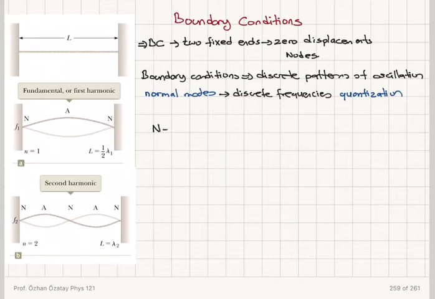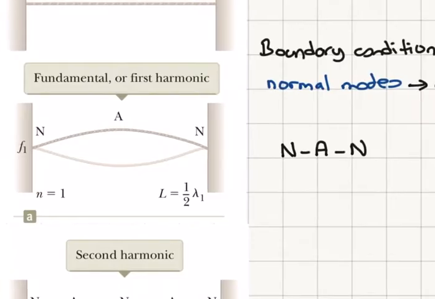Well, for the simplest possible case, because one end has to be a node, then to go to the next node, I have to go through an anti-node and node. Now you can see this pattern here: node, anti-node, node. Here is the simple harmonic motion of the string elements creating this standing wave.